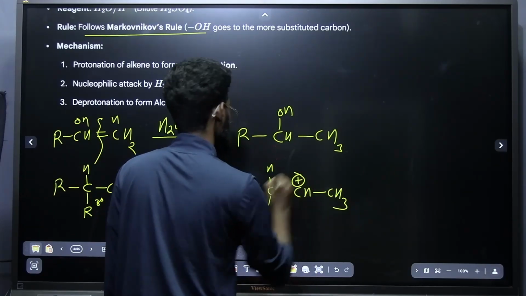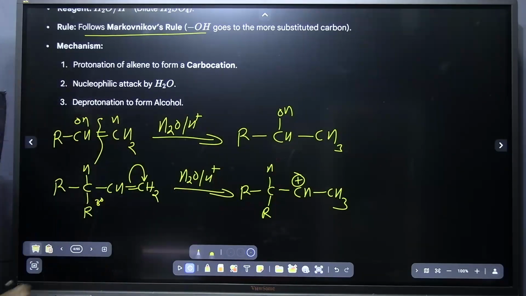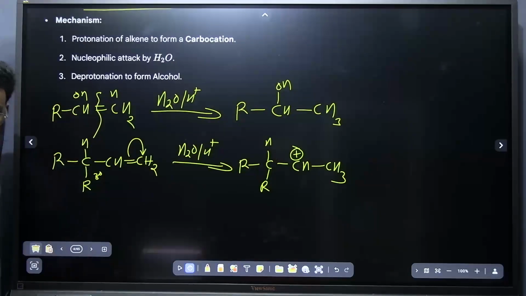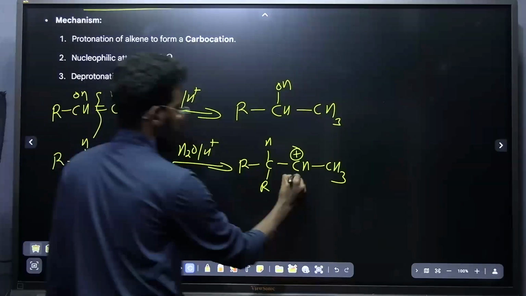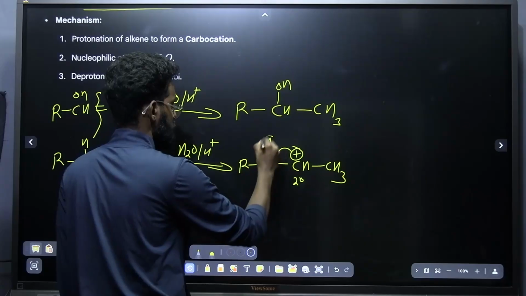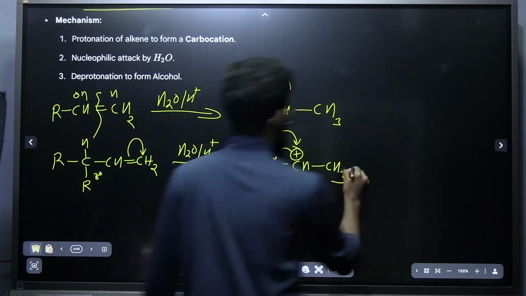This is the stable carbocation that we got here. Now we have to check for rearrangement. This is a secondary carbocation. It can do rearrangement and form a tertiary carbocation.